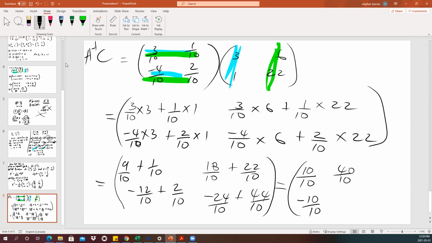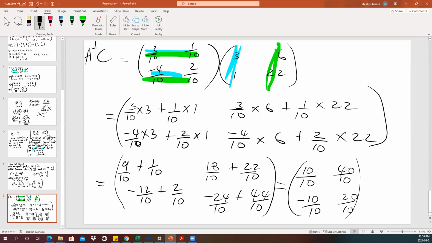You try and hold on to this denominator as long as you can until you reach a stage where it's nice and comfortable to reduce the fractions, right? So right here, minus 24 plus 44, that is 20. So 20 over 10. Look at that.